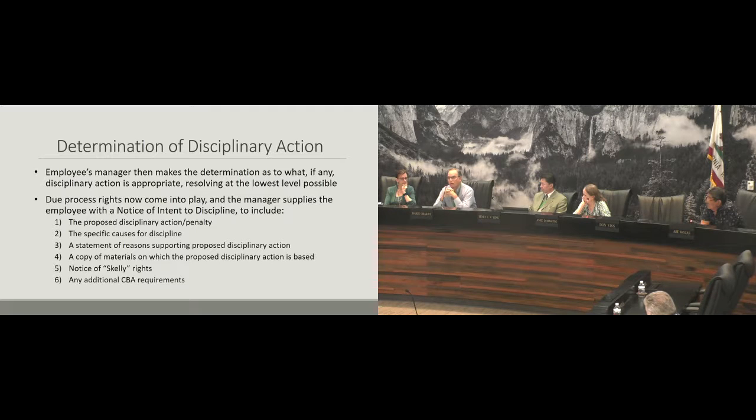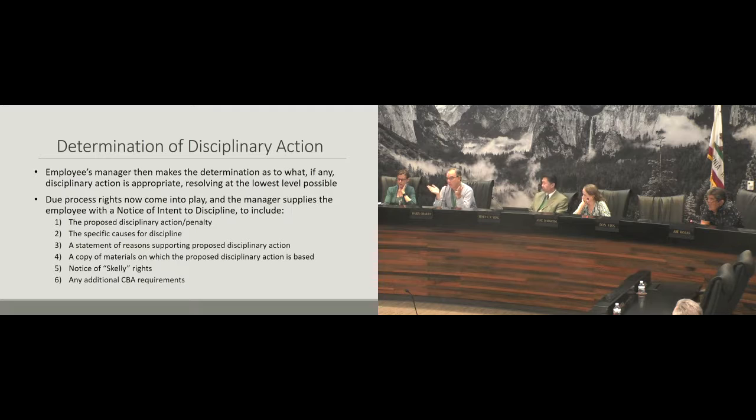So I think for me anyway, we can come up with some sort of framework of guiding principles that says this is how we want to treat all of our employees, and we're not extending property rights to those individuals that are not entitled to it.